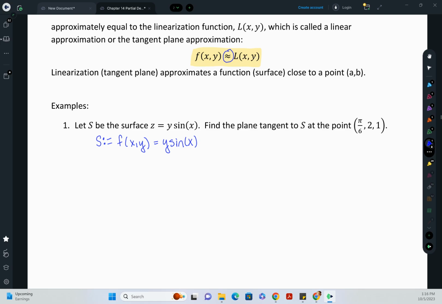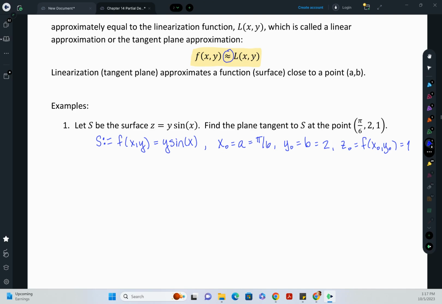So what we have there is that x naught, which is equal to a, is equal to pi over 6. Y naught, which was equal to b, is equal to 2. And z naught, which was equal to f of x naught, y naught, is equal to 1. And we could check that z naught actually makes sense.